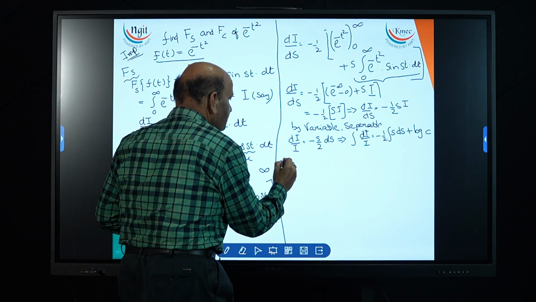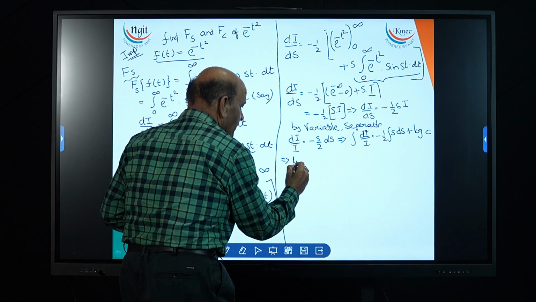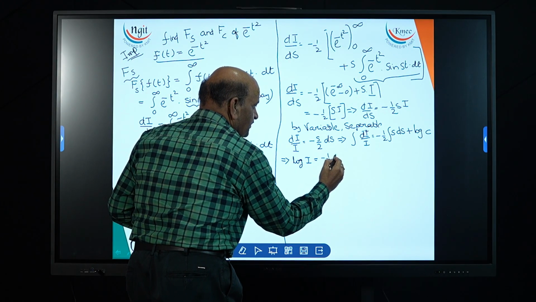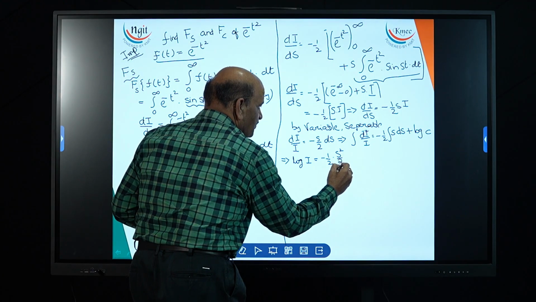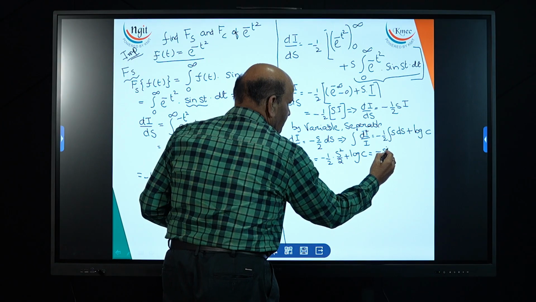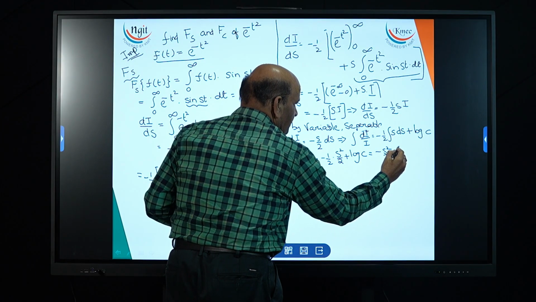So dI by I will become log I, that equals minus half into s square by 2 plus log c. So this will become minus s square by 4 plus log c.